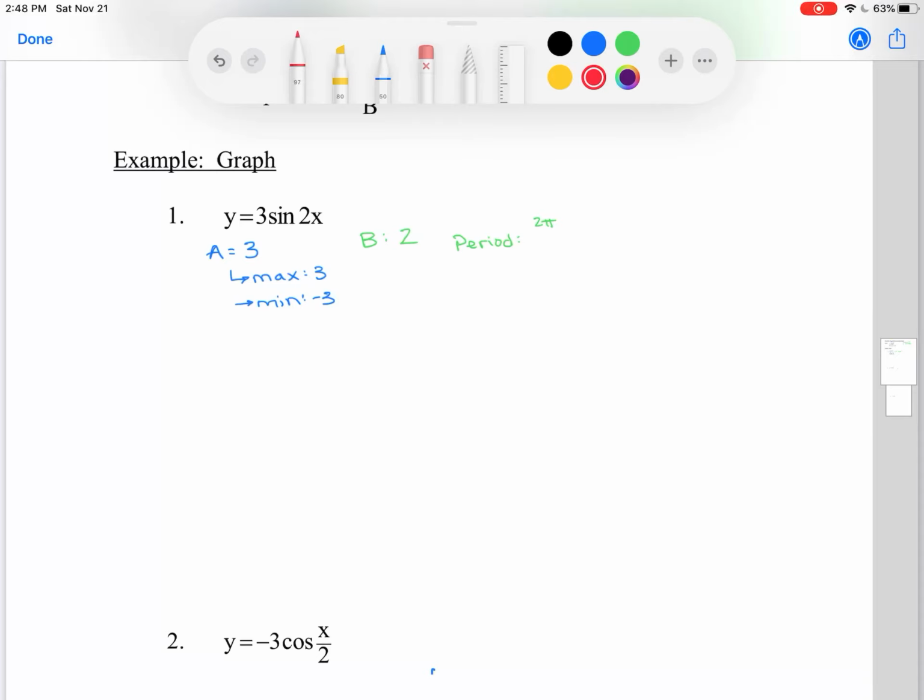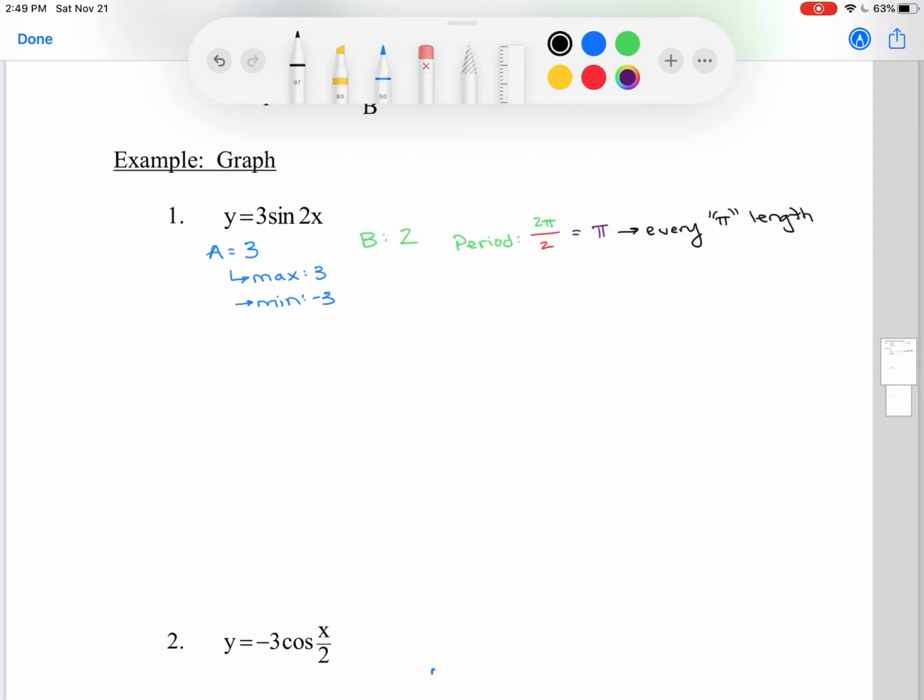And then when I get to the letter B, I know that B is the number 2. All right, well, that can't do much for me quite yet because now I need to do the period based off of this information. So period is always 2 pi divided by my B value, which was 2. And when I simplify this, I'm going to get pi.